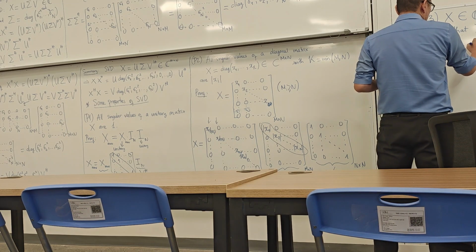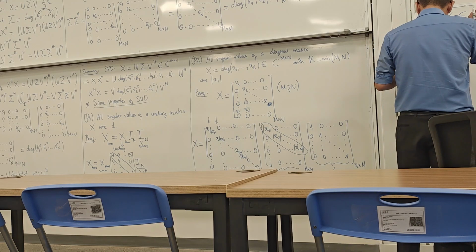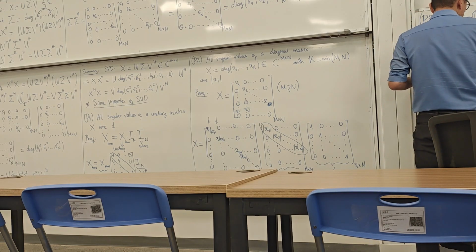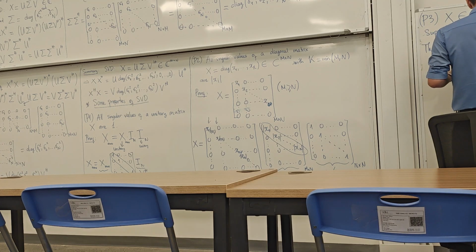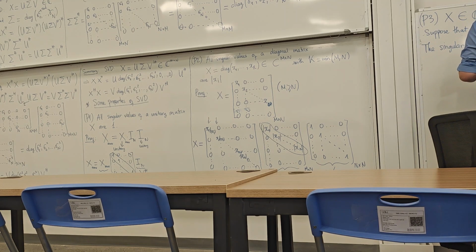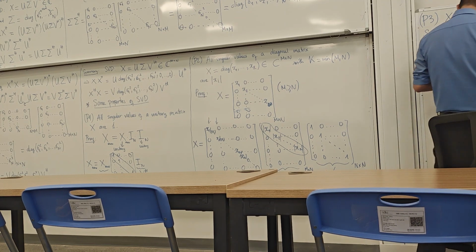Then the singular values of X inverse are the following: 1 over sigma 1, so on, 1 over sigma n. I mean, we just check the inverse, right?